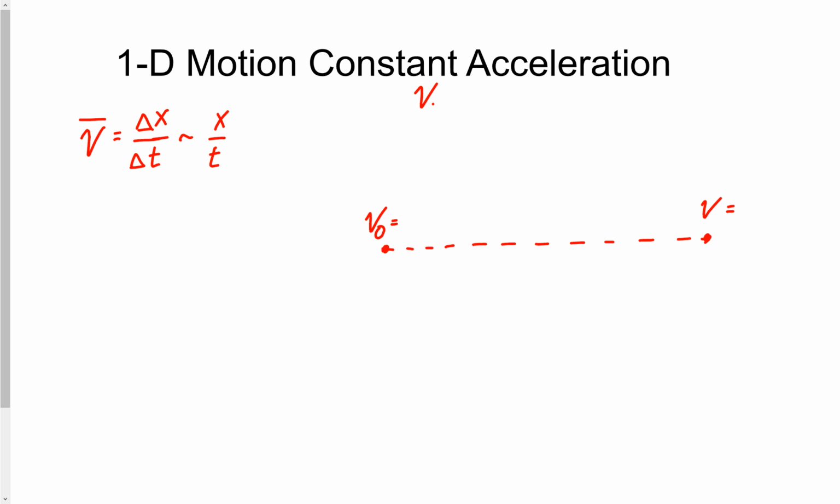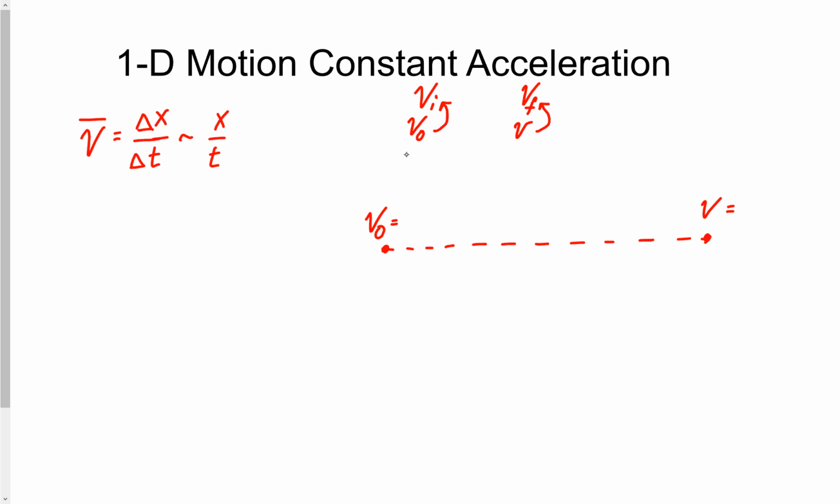Different strokes for different folks, I think, is the old expression. Some teachers and textbooks use velocity initial and velocity final. I use v sub 0 and v. That literally means velocity at time 0, which is the exact same thing as velocity initial. So when I write just a v throughout the course, that means v final.